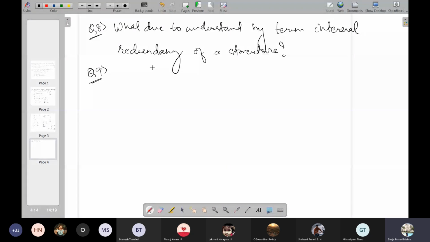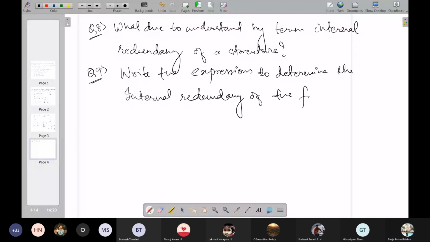Write the formulas or expressions to determine the internal redundancy of the following structures.